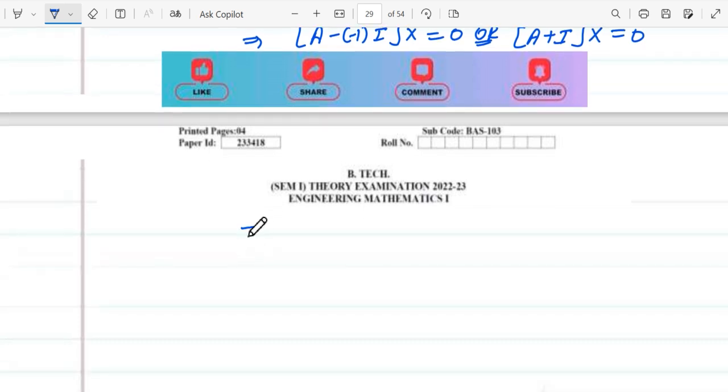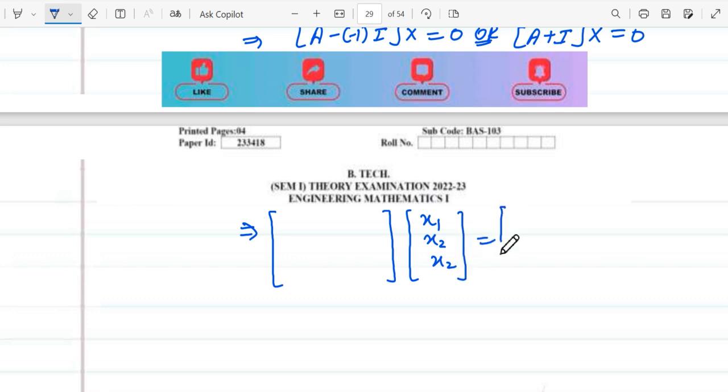Now this implies A plus I, x1 x2 x3 is equal to 0 0 and 0.